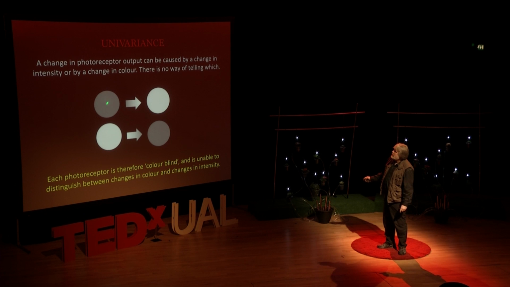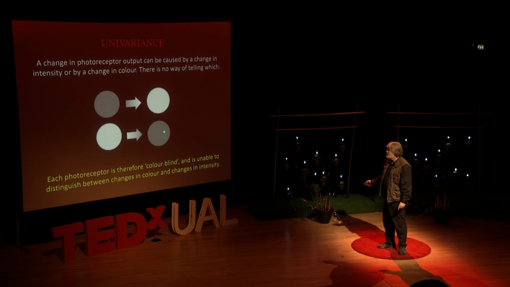So the point is that with a single photoreceptor, you're colourblind. All lights look the same colour, but different intensity. So, if a light gets brighter, then it could get brighter because it's been made more intense, or because you've changed the wavelength to one you're more sensitive to. If it gets dimmer, it could be because you changed the wavelength to one you're less sensitive to, or you've made it dimmer.